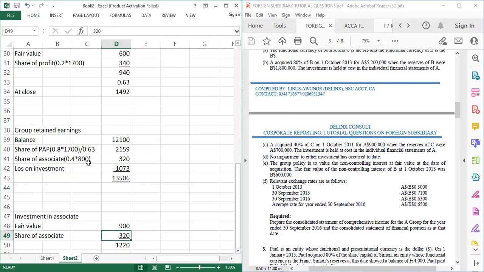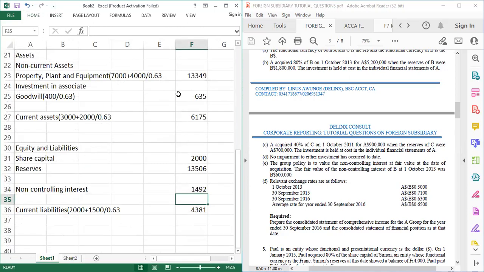Let's go and put this together. 1220. So let's now put all of these things together and see. Let's have the total assets now, which will be this plus this.